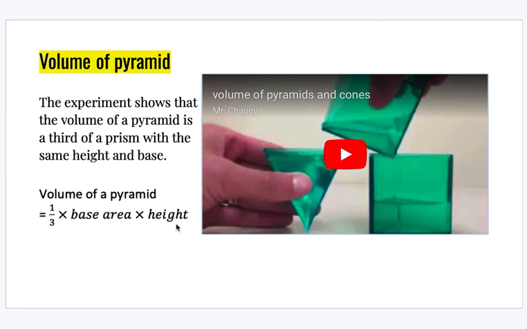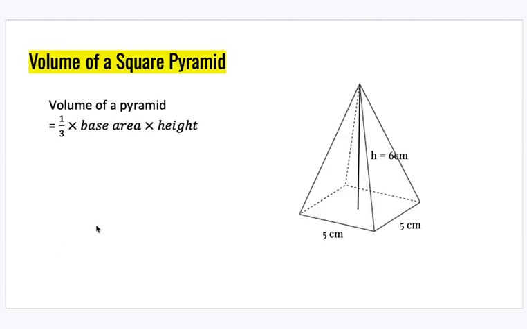And it is the same for the cone as well. So we can find the volume of a pyramid by taking 1/3 the base area times the height.